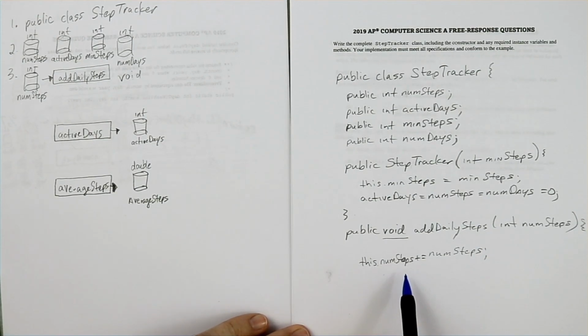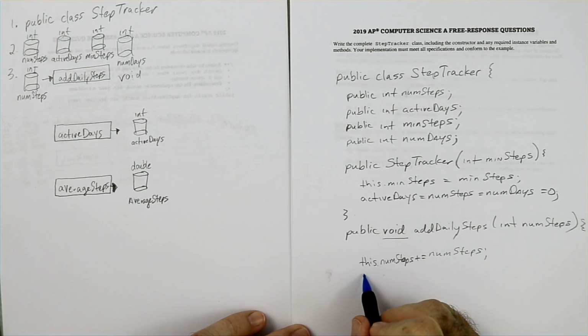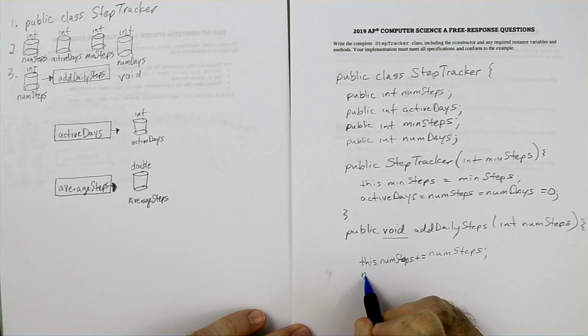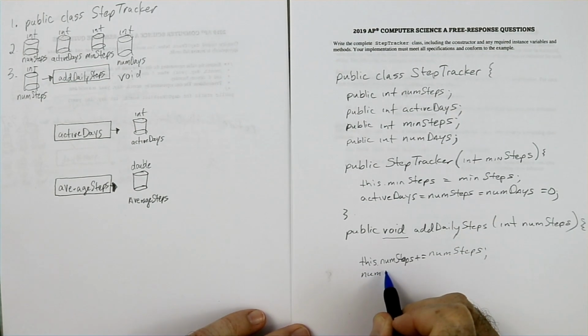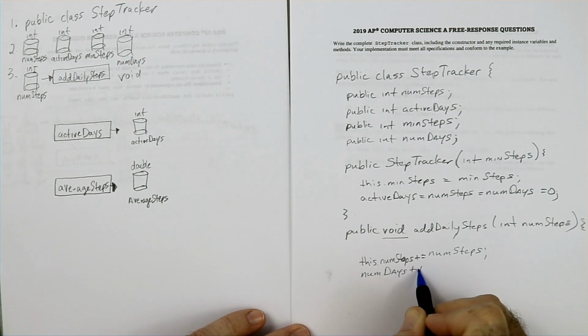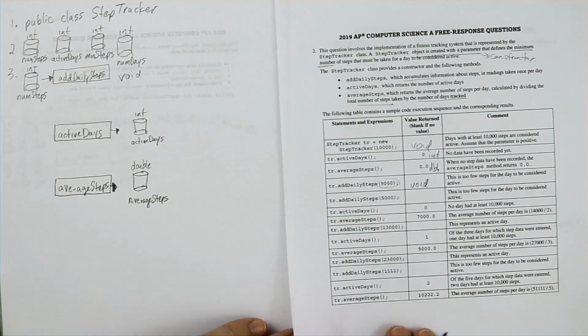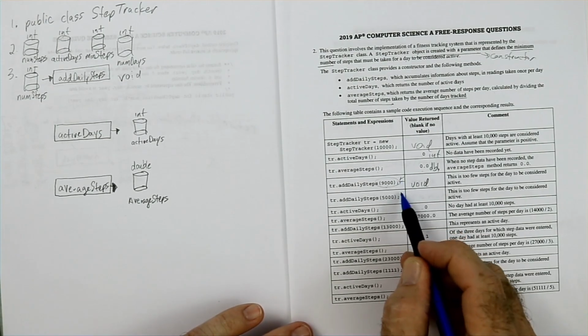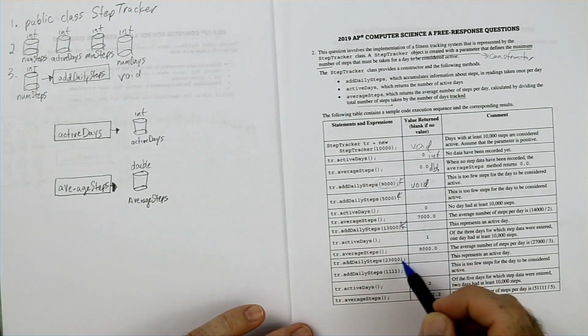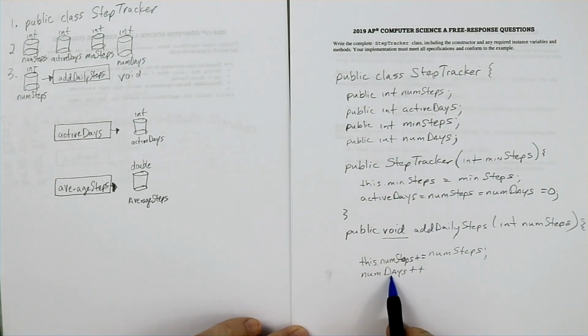Now, if we want to keep steps of active days only, you could go in here and add numDays plus. So every time you call this, you're keeping an accumulation, so you have to actually add 1 to numDays.